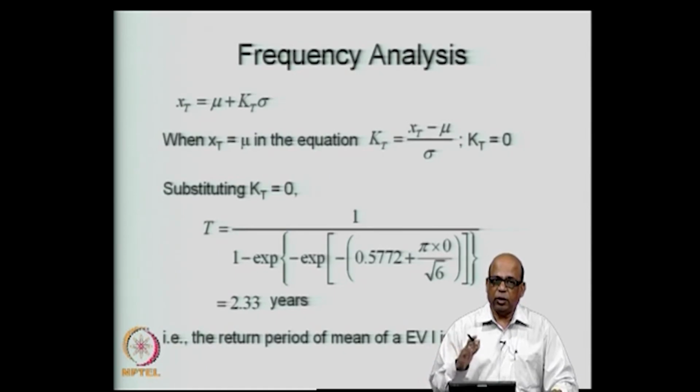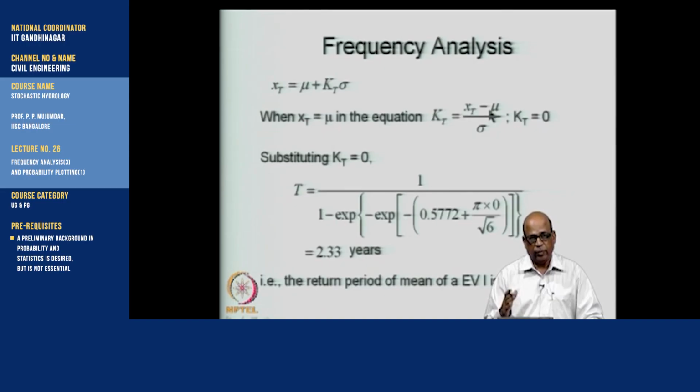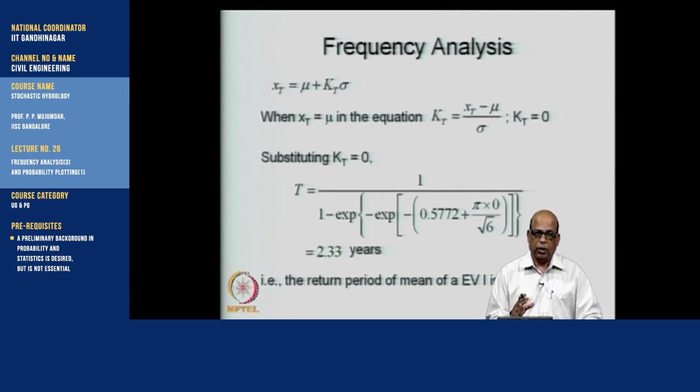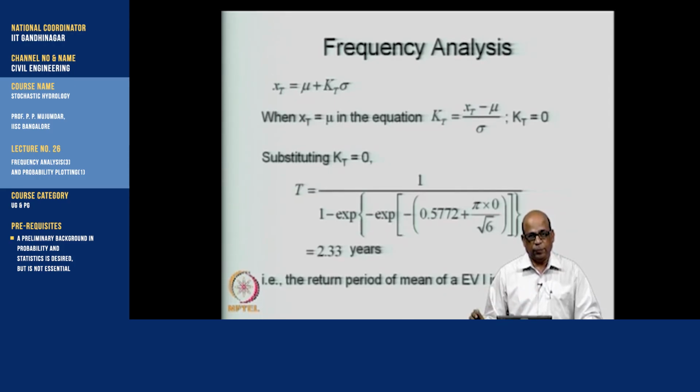What is the return period corresponding to the mean value is the question that we are trying to answer. So, xT will be equal to mu, because that is the magnitude that is equaled or exceeded. So, we are seeking the answer to the question of the return period associated with the mean value of an extreme value type 1 distribution.